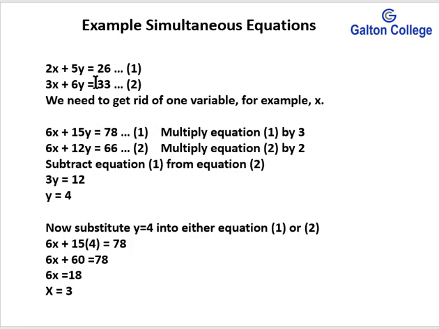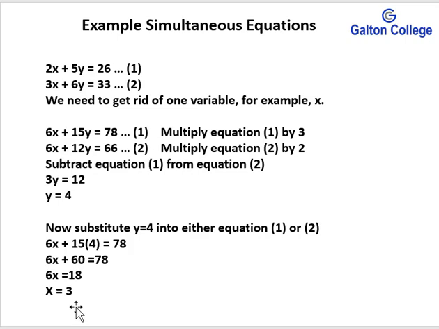So we say 6x plus 15 times 4 equals 78. So we have 6x plus 60 equals 78. Take 60 away from the left hand side, take it away from the right hand side, we're left with 18. 6x equals 18, x equals 3.